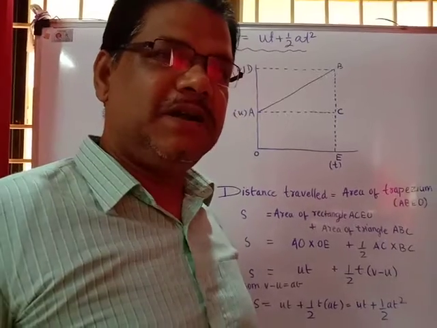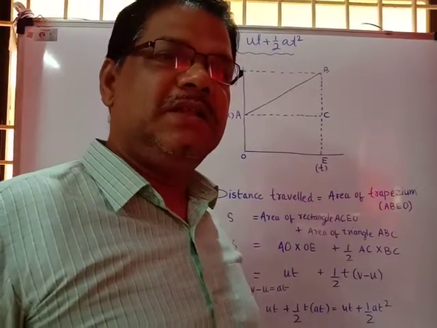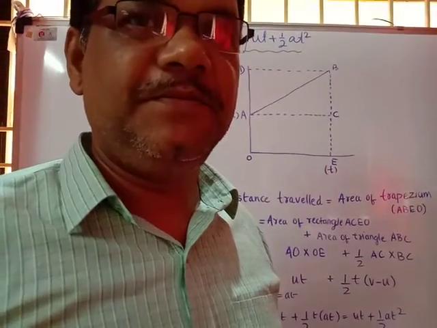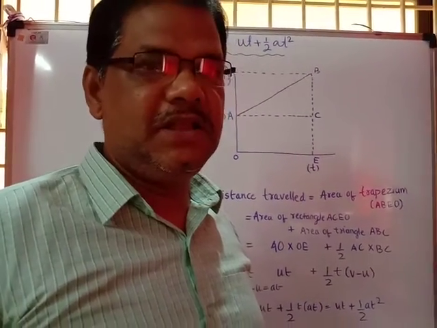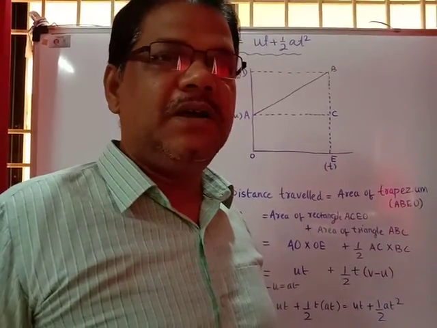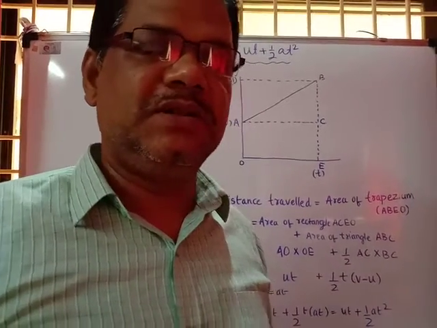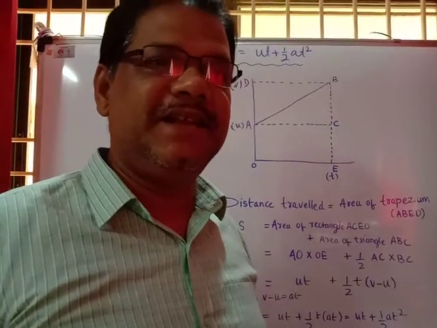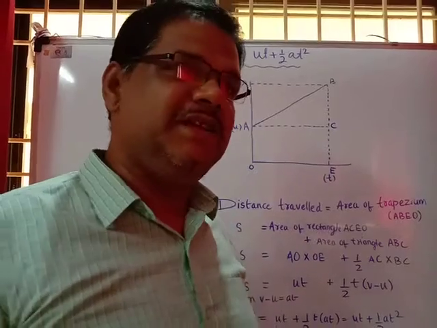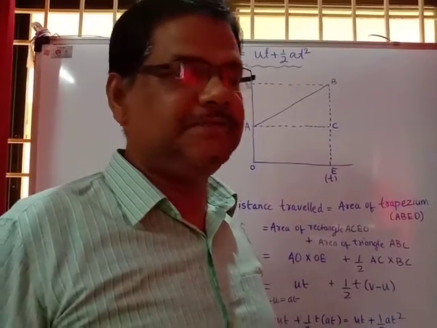In this graph, the object is moving in uniform, constant acceleration. For constant acceleration motion, the Vt graph becomes a straight line making an angle with the time axis.